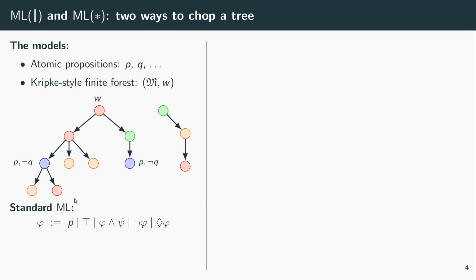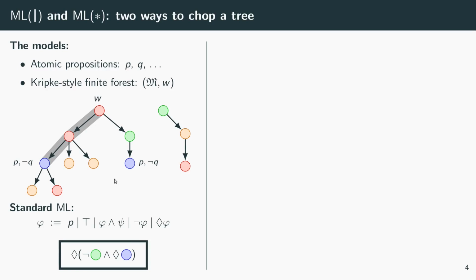And in standard ML, we have propositional calculus plus the diamond modality, stating that from my current node I have one child satisfying the formula phi. So for instance, this formula here states that from my current world w I have one child satisfying not green, that has one child satisfying blue, so it is true in this model.